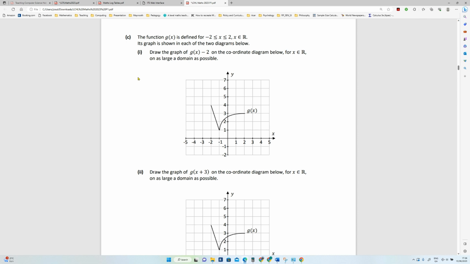Okay, so all that's happening here is the y value is coming down two spots, if you like. So 1, 2, so that's going to be there for the first point. And let's take this point here. So if that's 1, it's going to be here. So the next one is kind of halfway between 2 and 3.